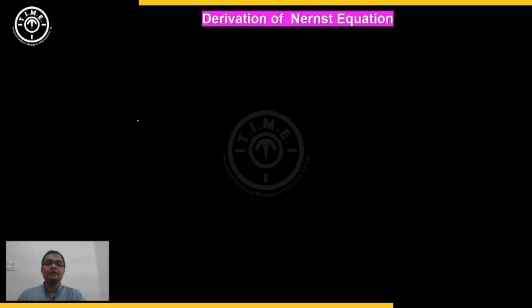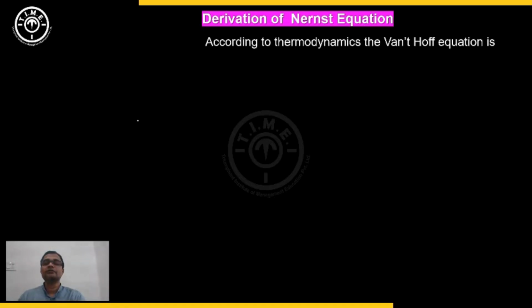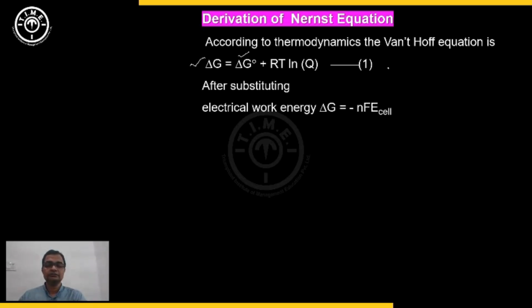Now, we discussed the derivation of the Nernst equation. This Nernst equation is derived according to thermodynamics from the Van 't Hoff equation. So what is the Van 't Hoff equation? Delta G is equal to delta G naught plus RT log Q. Here the delta G value and delta G naught value you have to substitute in this first equation.